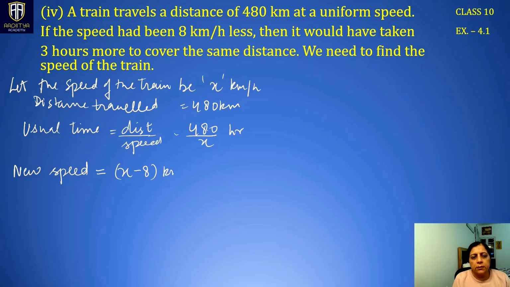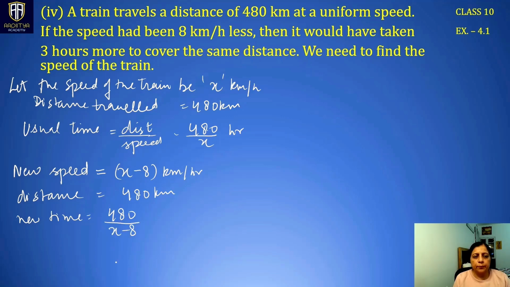That means x minus 8 km per hour, right? And the distance is still the same. It has to travel the same distance, 480 kilometers. So now the new time becomes, time is distance upon speed. So 480 upon speed, which is now x minus 8, right?